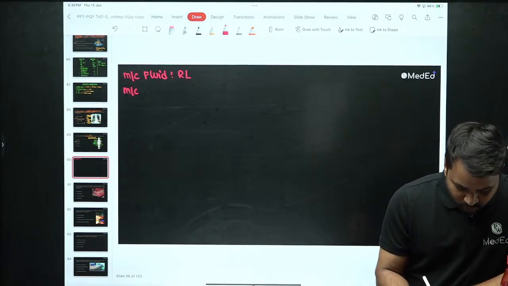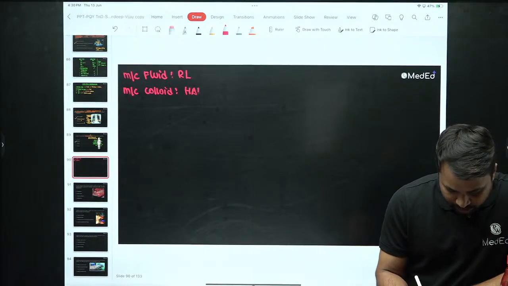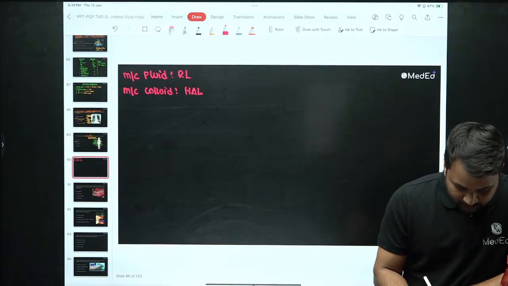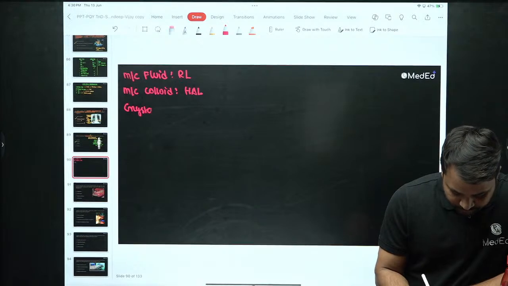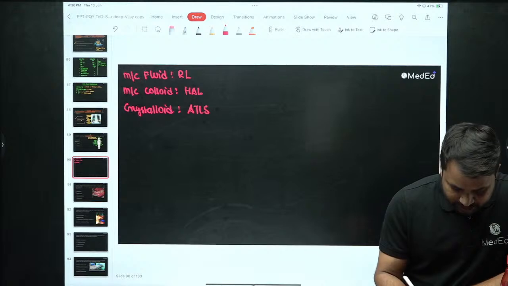If they ask what is the most common colloid used, it is going to be human albumin solution. For crystalloids, what is the formula that we are going to use? We are going to use the ATLS formula.